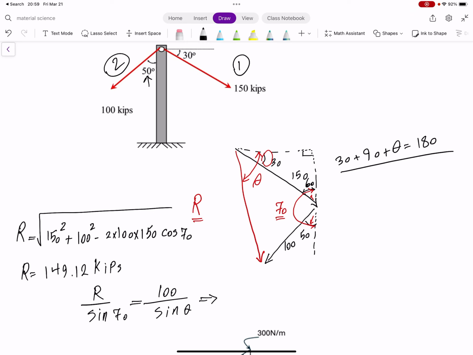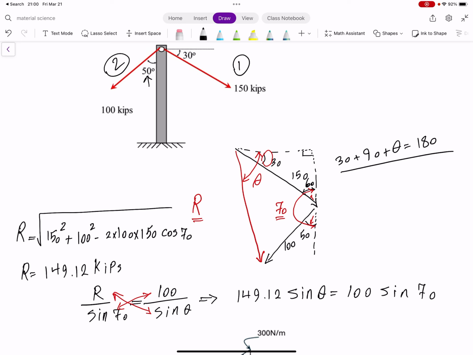At this point, we just cross multiply. R times sine theta, 149.12 times sine theta, equals 100 times sine 70.